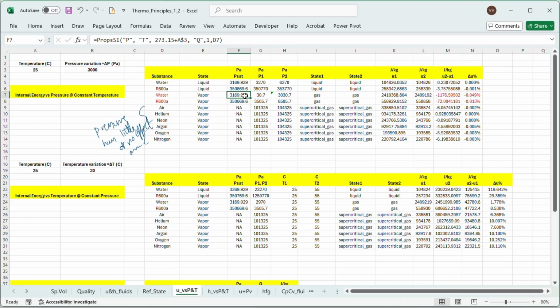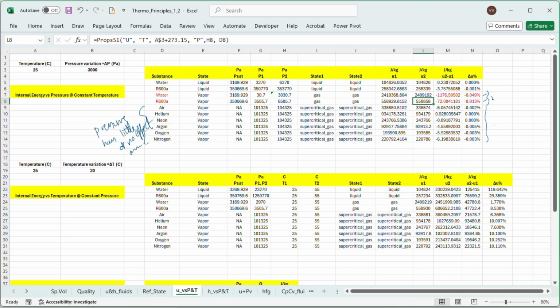So the P1 and P2 values are below the saturation pressures for both these cases, and they're both gases. Then we look at the U1 and U2 values at those two pressures. Here, the percentage change in delta U is still really low, but slightly more than what is there for most actual gases.